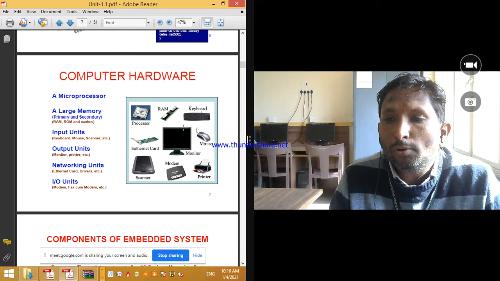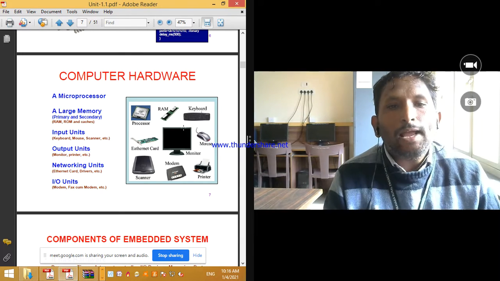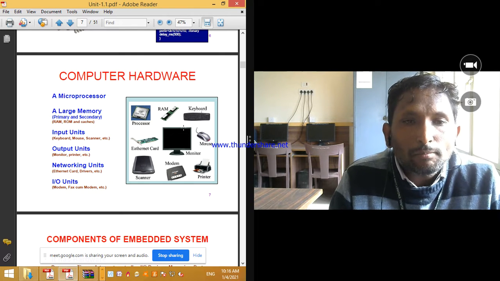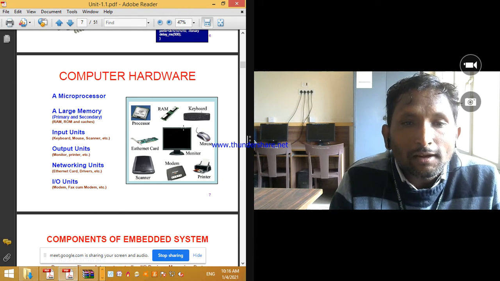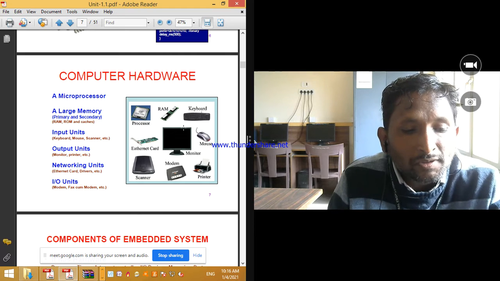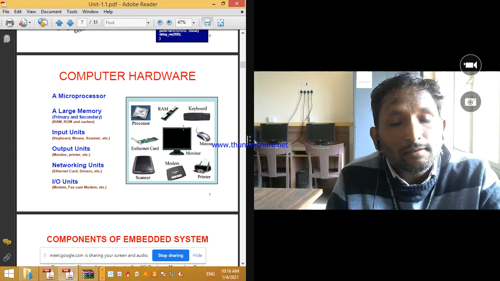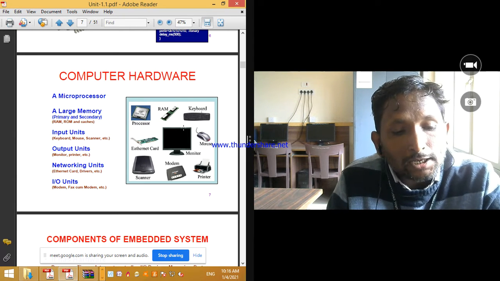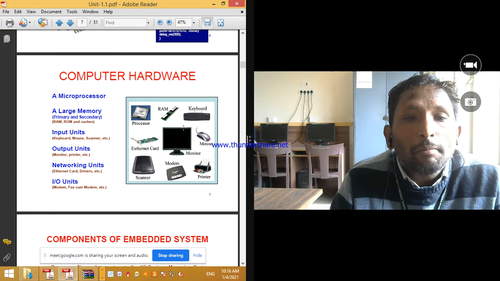In simple words, a microprocessor is the chip which processes things, and a microcontroller is the chip which controls the activity. Right? This is the simple and very basic difference between the microprocessor and the microcontroller. I am going to repeat it again. Microprocessor processes the activity and microcontroller controls the activity. These are the hardware parts of our embedded system.